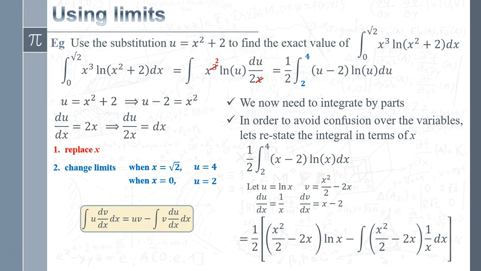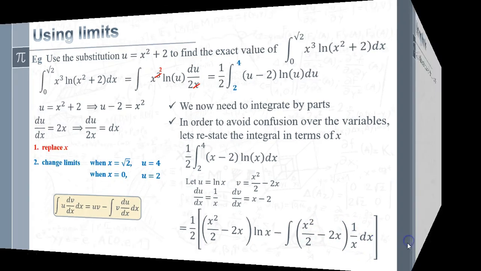There they go. So I've got u times v. So there's my u, ln x, times by v, x squared over 2 minus 2x, minus the integral of, and we've got v du dx. You can see now why it's a good idea to use ln x as u, because now we've got this x on the bottom that will cancel out against bits there.